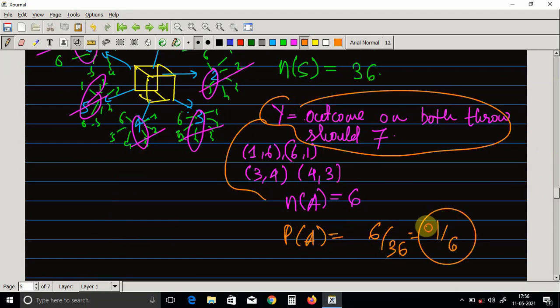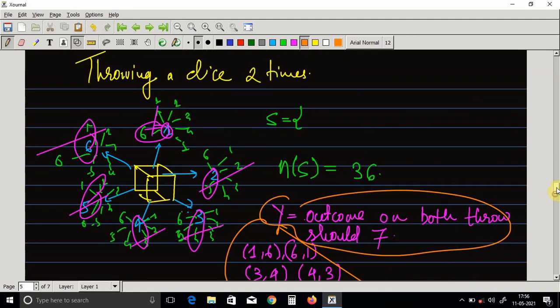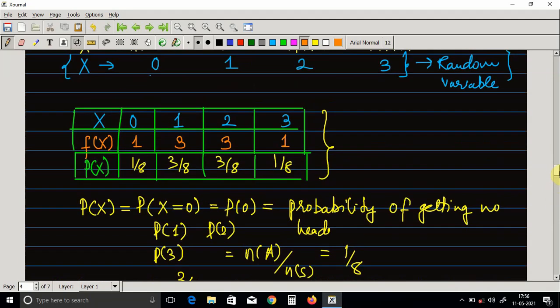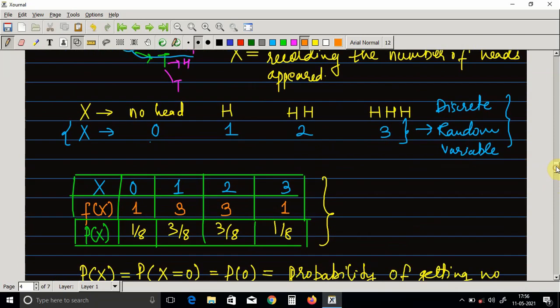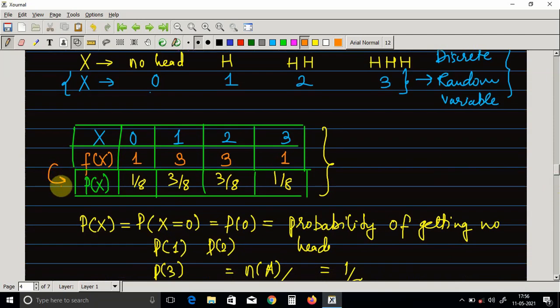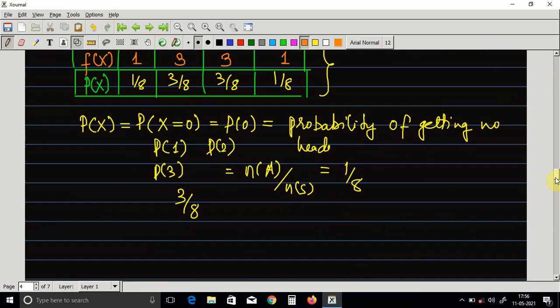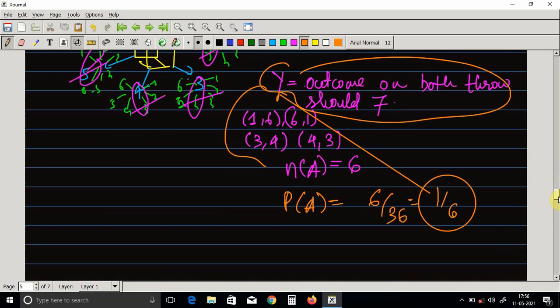So this is the probability connected with this random variable, and if you write this information in a tabular form, that is called probability distribution. So this is all about how a probability distribution looks. You just need to add one more column which is connected with your random variable, and it informs you about its chances of occurrence.